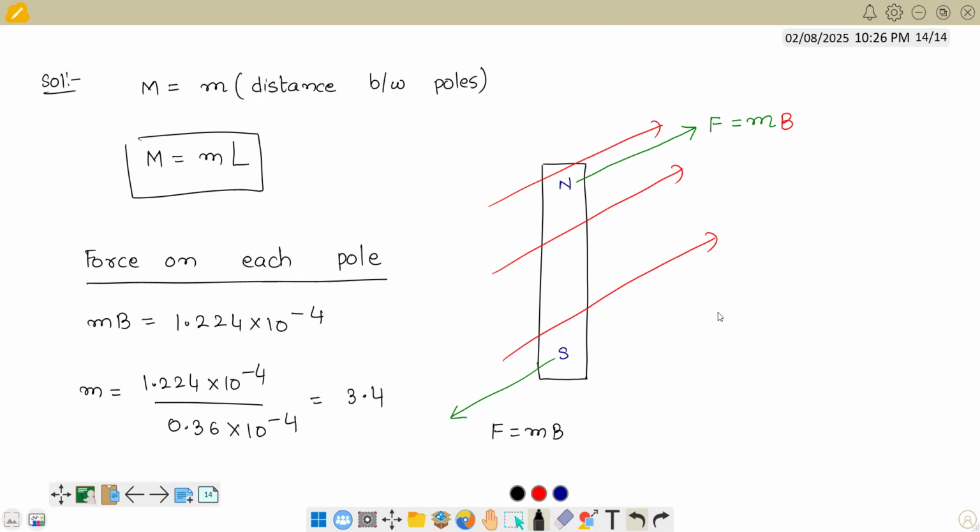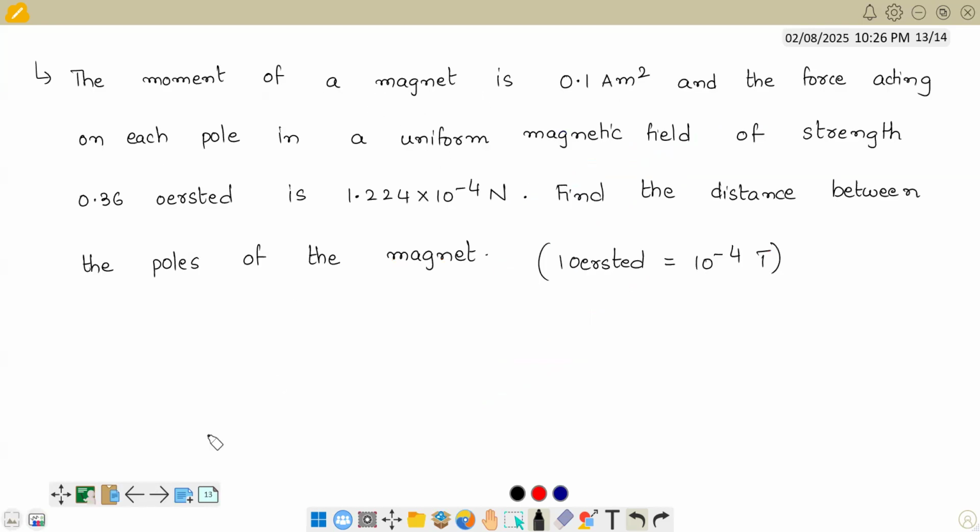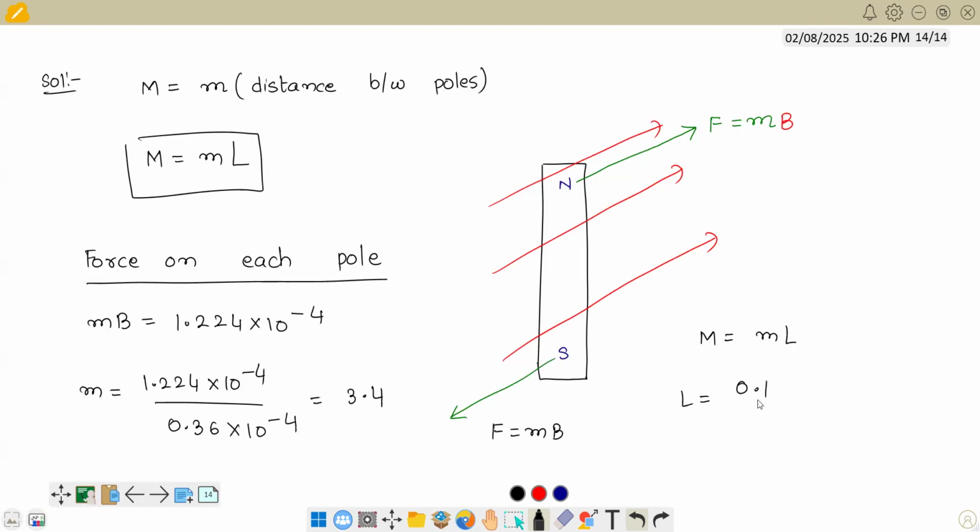Now let us substitute here to get the value. Capital M is equal to small m into L, so L is equal to capital M divided by small m. The magnetic dipole moment is given as 0.1 ampere meter square. So 0.1 divided by 3.4. I made a small mistake. 1.224 divided by 0.36, 0.36 times 4 is 1.44, so this is actually 4.